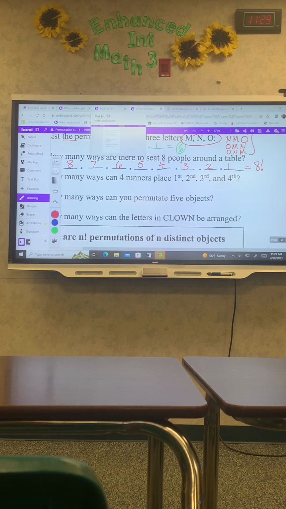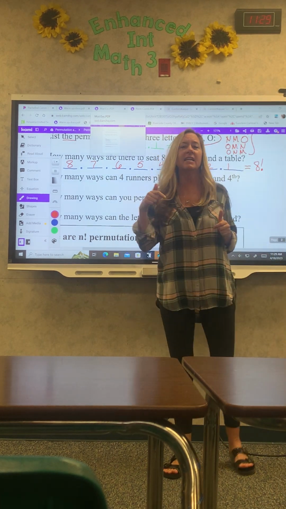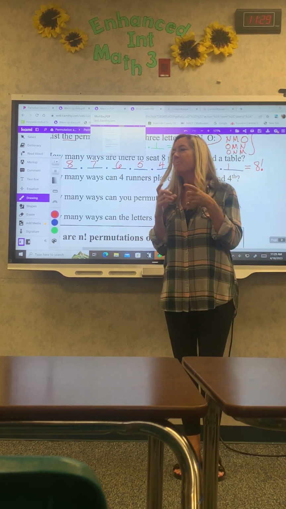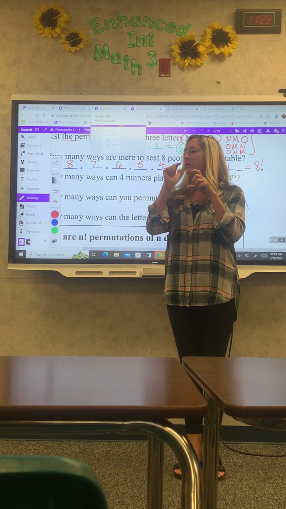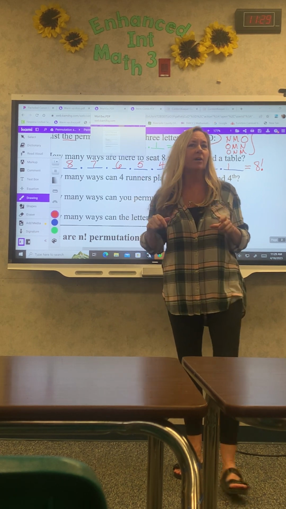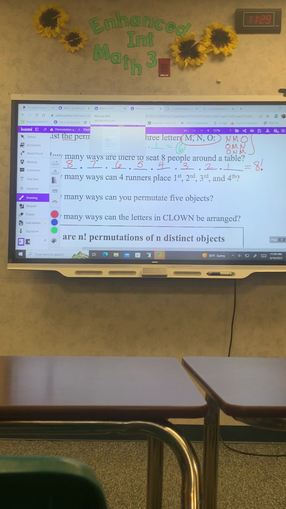The factorial button is under the 3. So you would use 8, and then second, and then 3. Some calculators, the factorial is hidden under a button that says PRB for probability. So if you click on that, there's usually a factorial button under there. If you can't find it, raise your hand up.